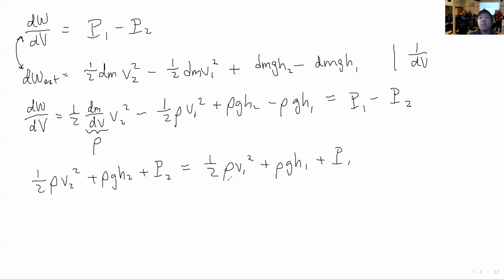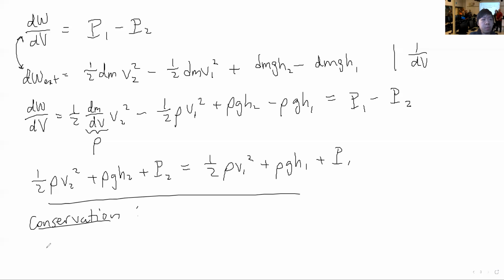But then we notice that these two have the exact same structure, which means we can take any increments of distance along your pipe and this will remain the same. So therefore, this just becomes a conservation law.